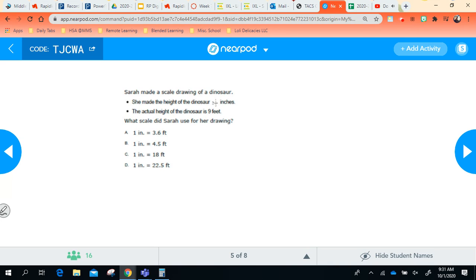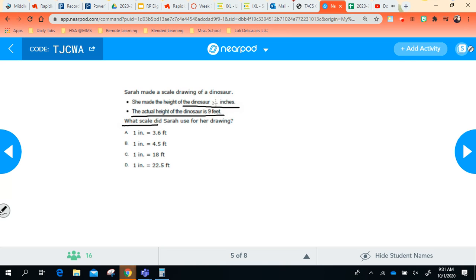So Sarah made a scale drawing of a dinosaur. She made the height of the dinosaur 2 1/2 inches. The actual height of the dinosaur is 9 feet. What scale did Sarah use for her drawing?